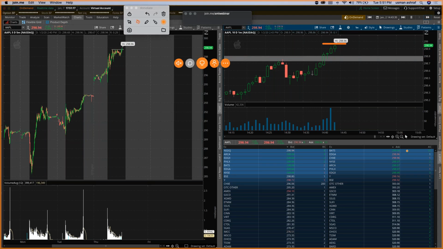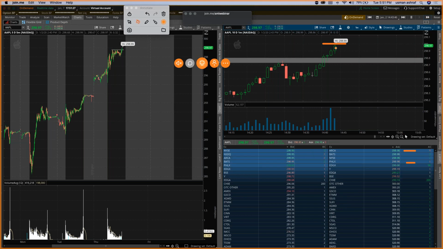If you see right now, 96 cents and 97 cents are starting to pop up, and it's showing that it might get rejected here. If it doesn't break this, that's where we tend to take our profits and get out. Rather than the 298.99 break, we wait for the 299 break. It's going to show up over here in the ask side and the bid size once it gets closer to that.